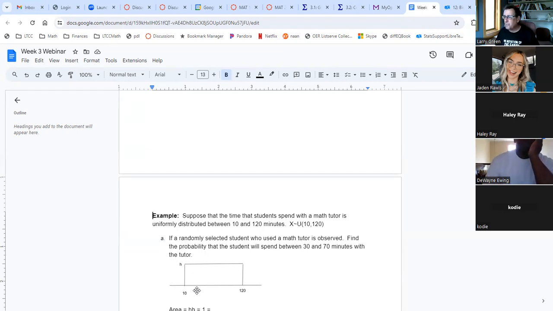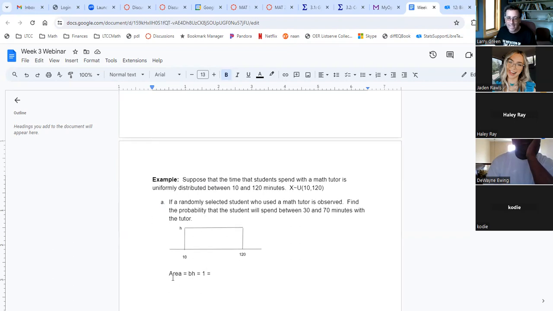I'm going to tend to use base times height. Length times width is fine, by the way, but L looks too much like a 1, so I use B and H because those don't look like numbers at all. It means the same thing. So I can write area equals BH, base times height, and that equals 1.